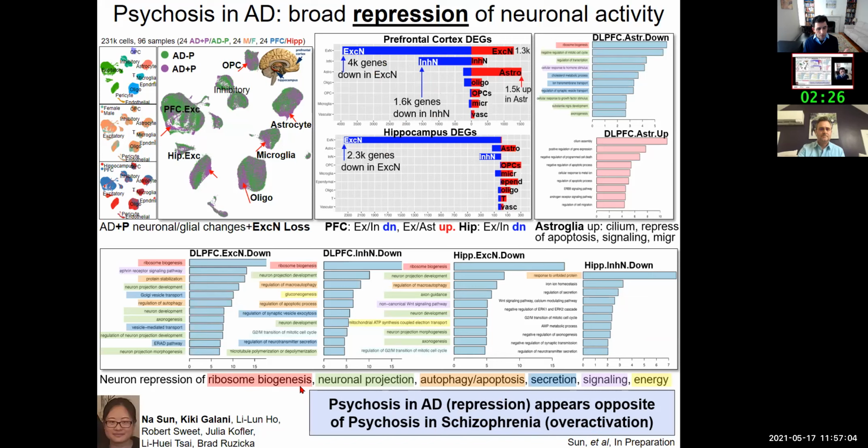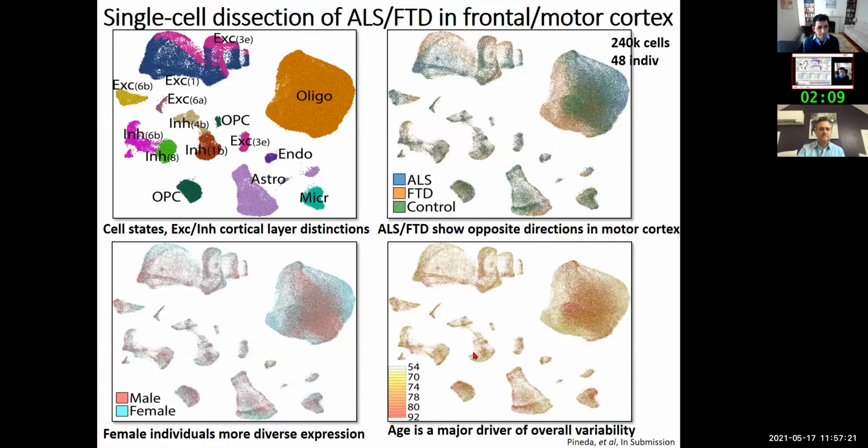And there's many pathways associated with ribosome biogenesis, neuronal projection, autophagy, et cetera, that are dramatically shut down in the context of psychosis in AD, which appears to predominantly affect women, whereas psychosis in schizophrenia appears to predominantly affect men.